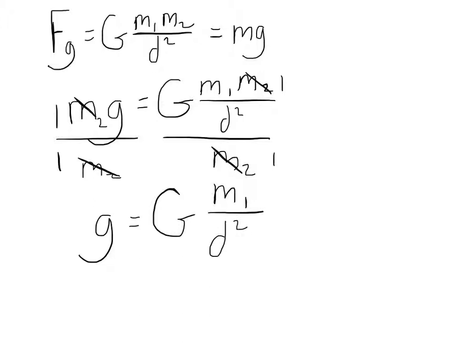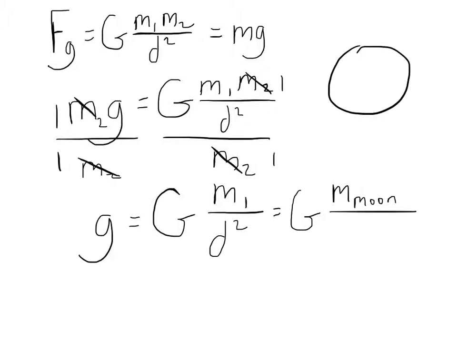So the gravitational strength of the field, say exerted by the moon or Earth, would be represented by mass 1, and it can be calculated very simply. This would be G times the mass of the big object, let's call it the moon here since we're colonizing the moon, divided by the distance, which is the radius of the moon, squared.